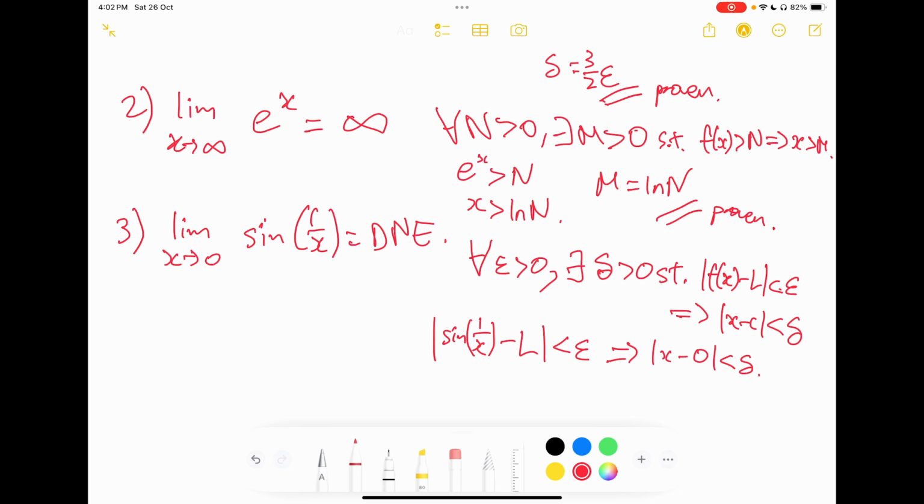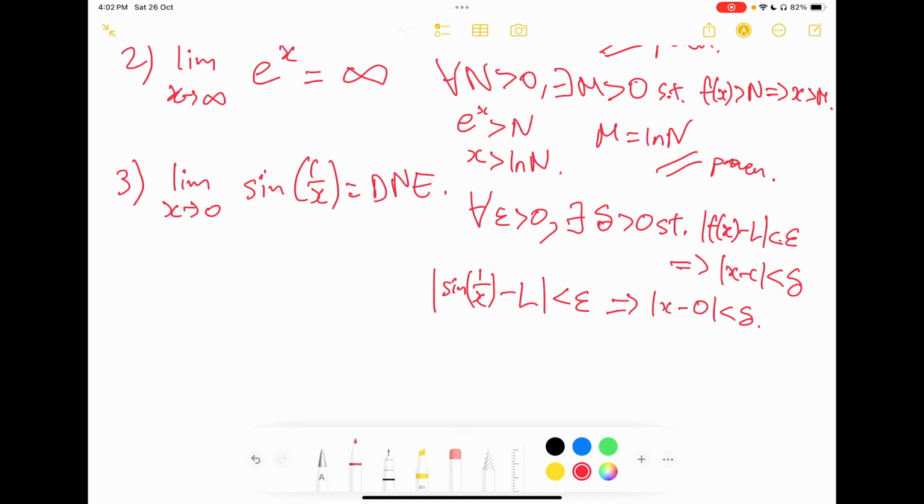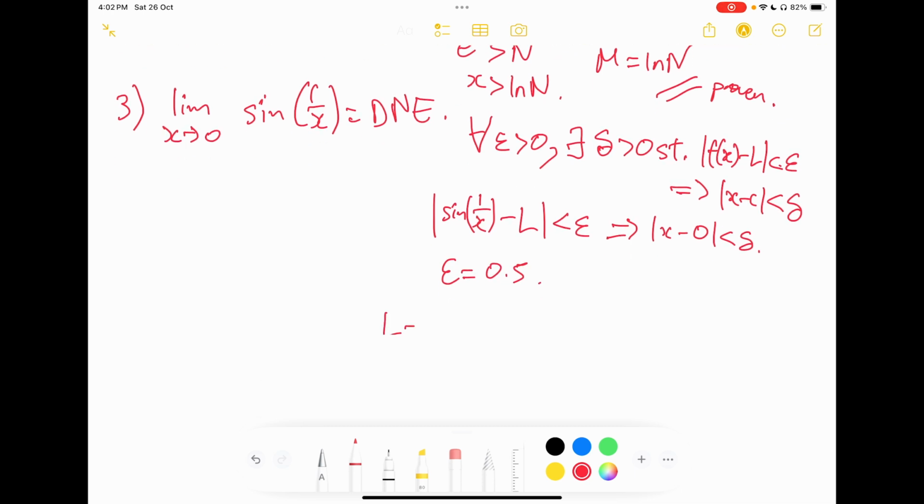So if I were to take, for example, epsilon equals 0.5, that means L minus 0.5 would be less than sine 1 over x, which is less than L plus 0.5.